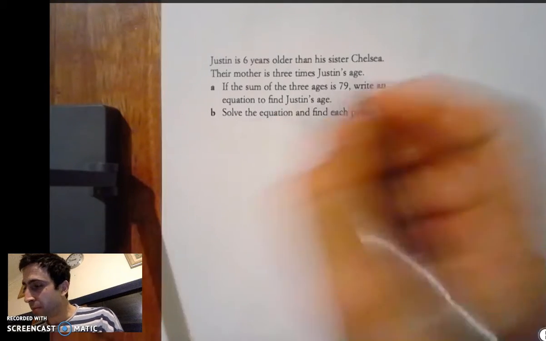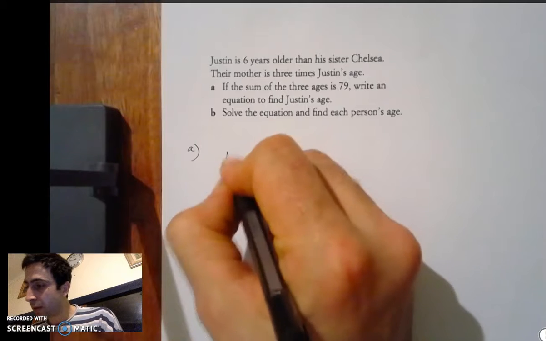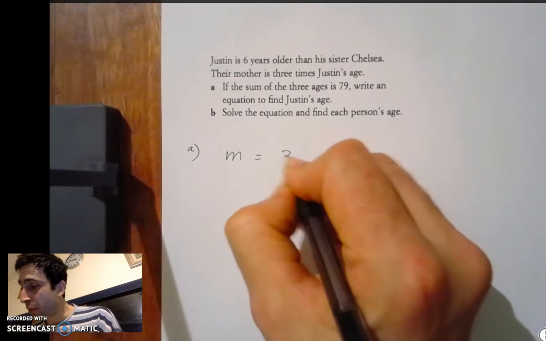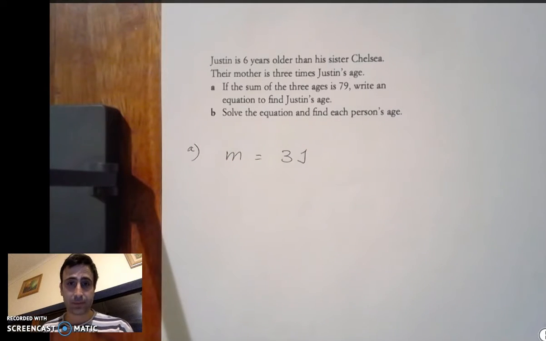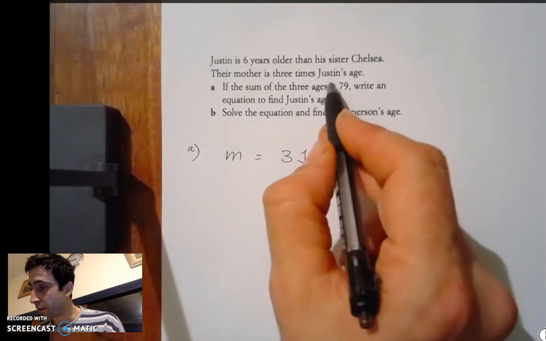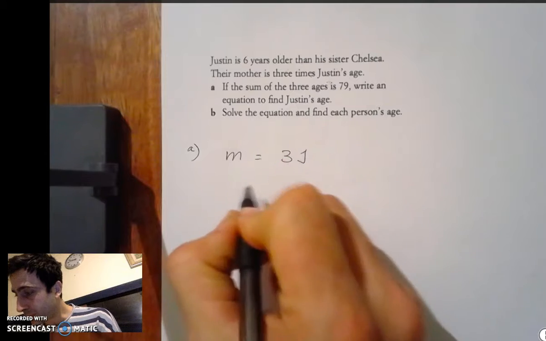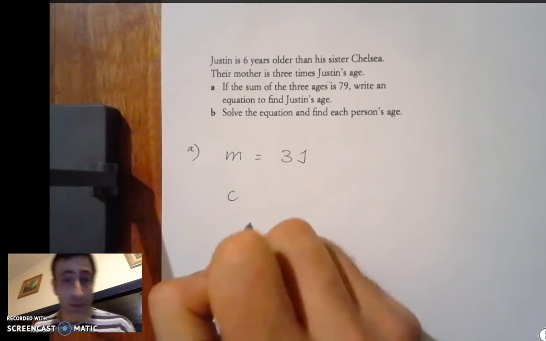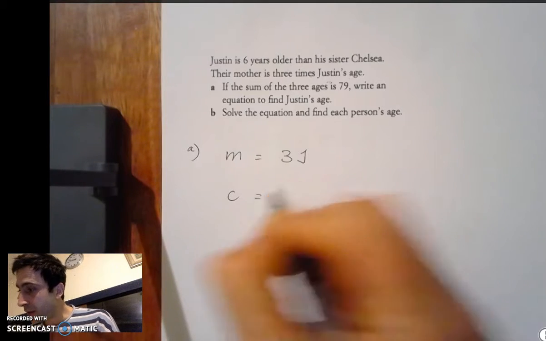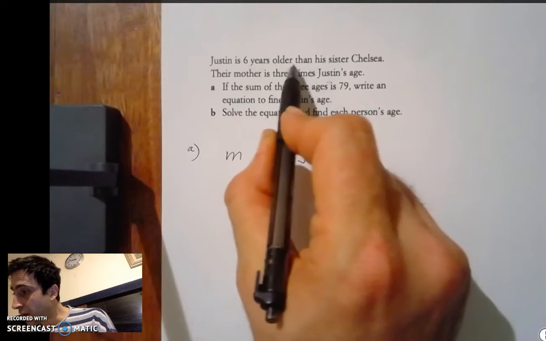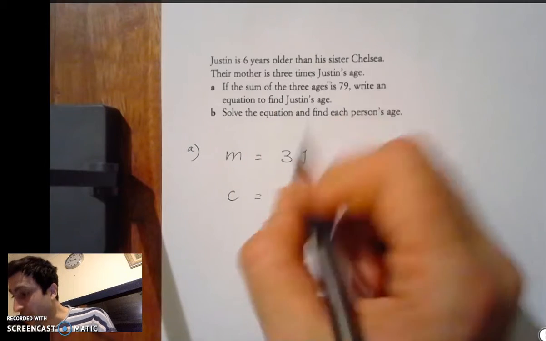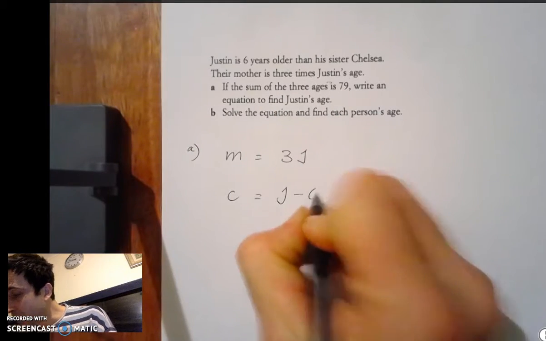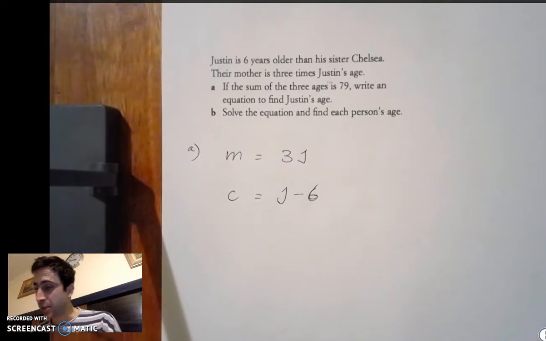So we know that the mother is 3 Justins. Okay, we know it's 3 times Justin's age. We know that Chelsea, I'm going to call her C, let's just say Justin is 6 years older. So Justin minus 6 is Chelsea.